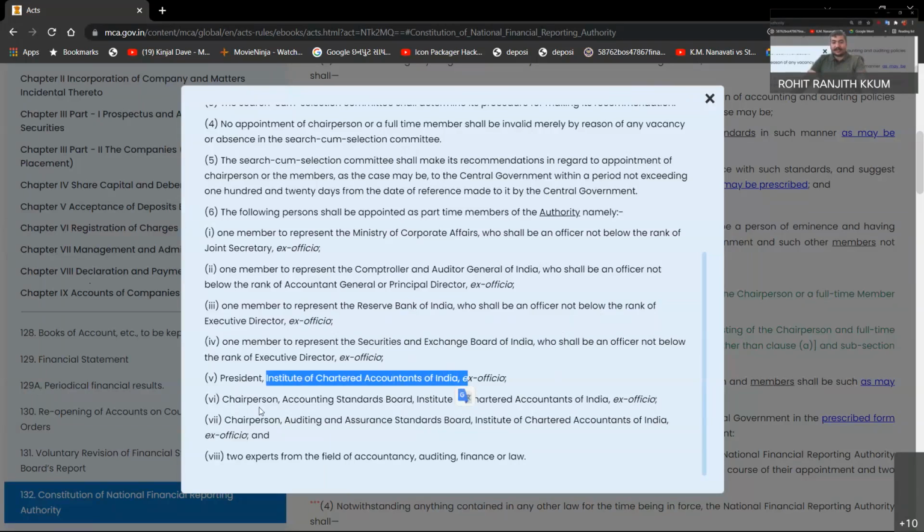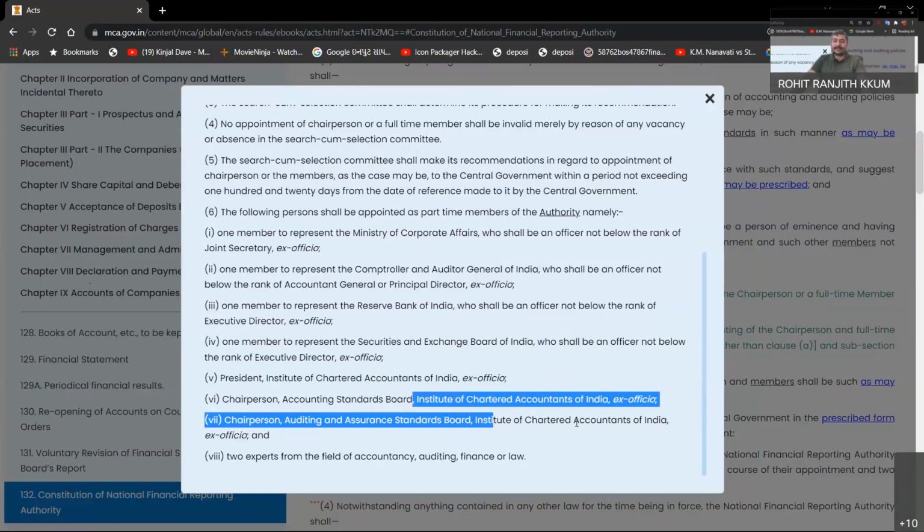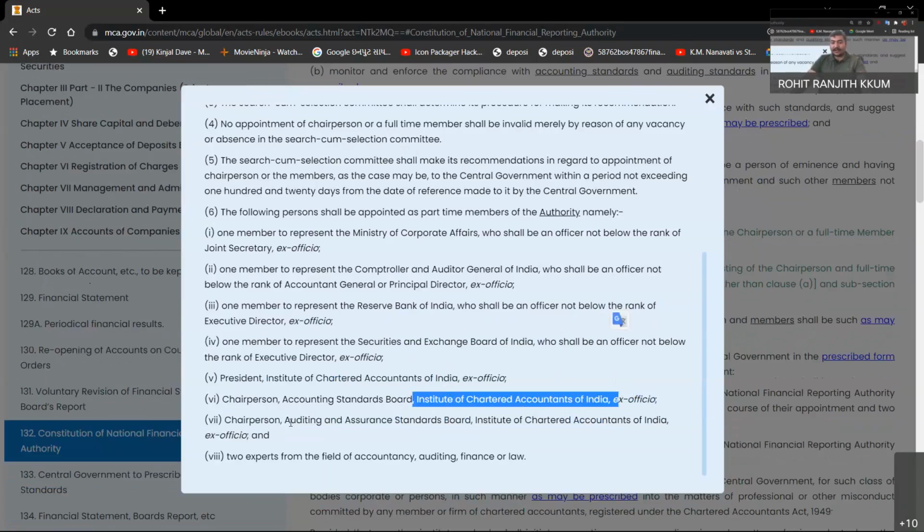Chairperson of Accounting Standard Board of ICAI will also be the member, and chairperson of Auditing and Assurance Standard Board, ICAI. So from ICAI total, how many members are taken? Technically, 1, 2, and 3. So 3 vacancies are given to ICAI.